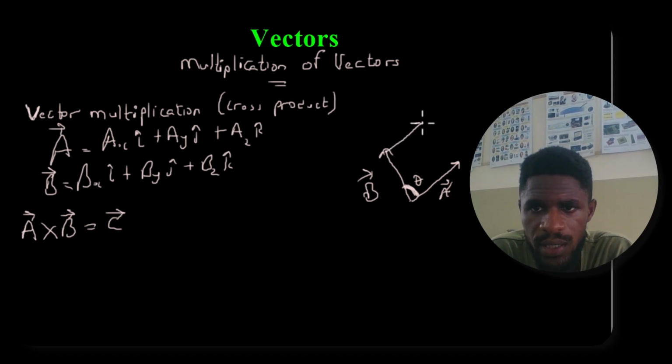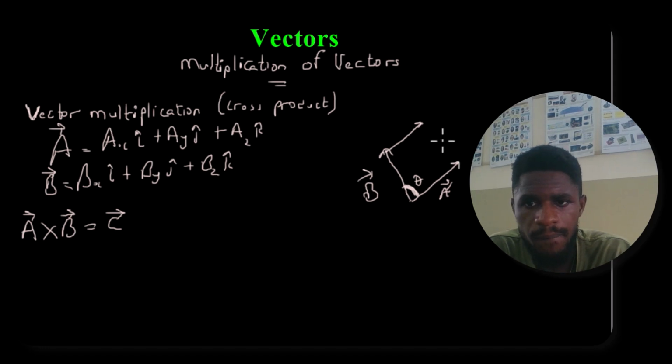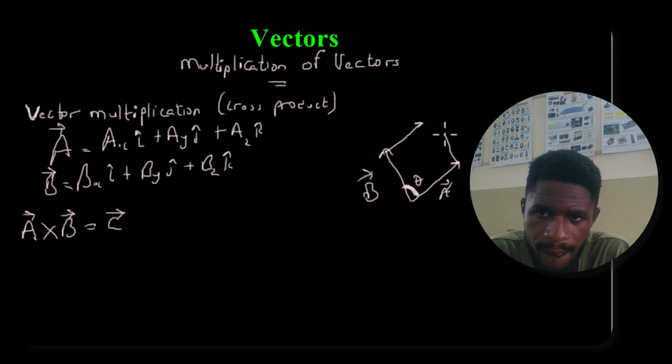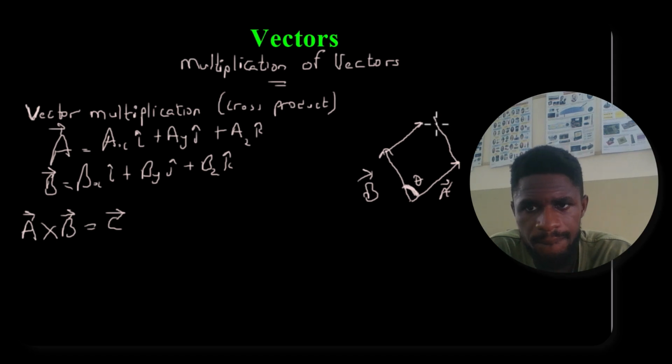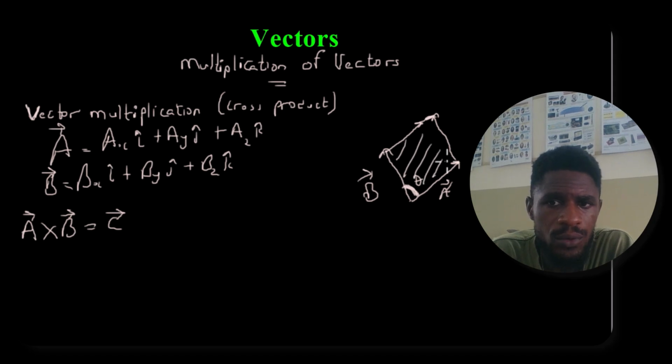So this should be A, and then this should be B. So when we complete our parallelogram, then we can say the area of this parallelogram will be our cross product.